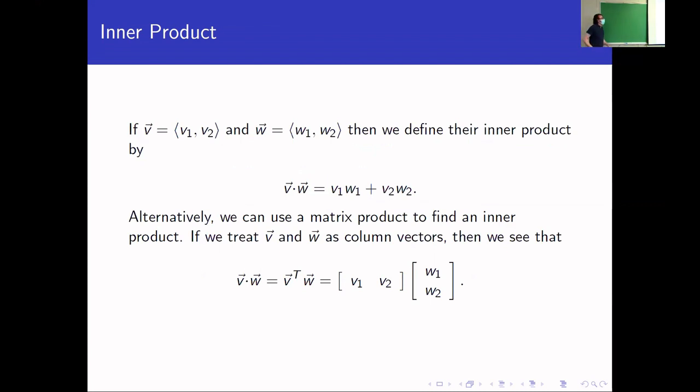Okay, so if we follow, let's say, I think Larson uses this notation. He uses brackets for his vectors, right? So we should be familiar with that from our calculus 3. So I suppose I should have done this before I used inner product. We're just defining what inner product is, right? So v dot w would be product of the first two things plus the product of the second two things, which is exactly what we would get over here, right?